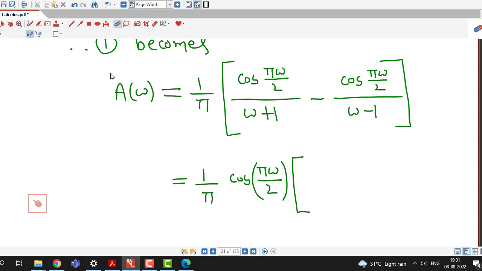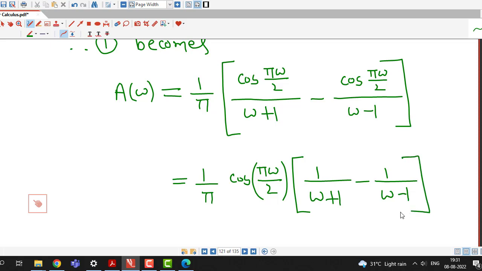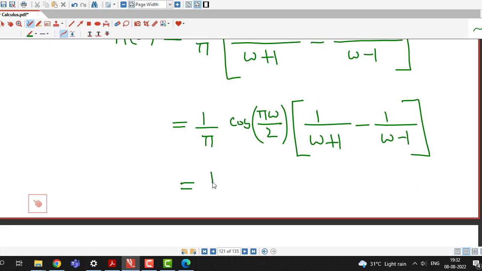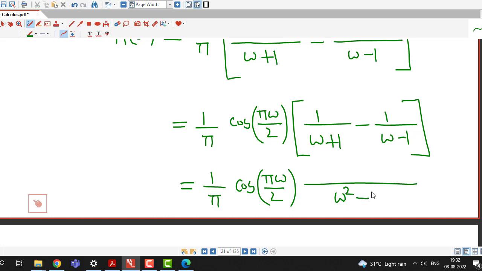This is 1 divided by omega plus 1 minus 1 divided by omega minus 1, and we simplify this. This is equal to 1 over pi cos pi omega divided by 2, and the LCM is omega plus 1 into omega minus 1, that we can write as omega square minus 1. Here this one is multiplied by omega minus 1, this one is multiplied by omega plus 1, and if we take the negative sign inside the bracket, we have minus omega minus 1.